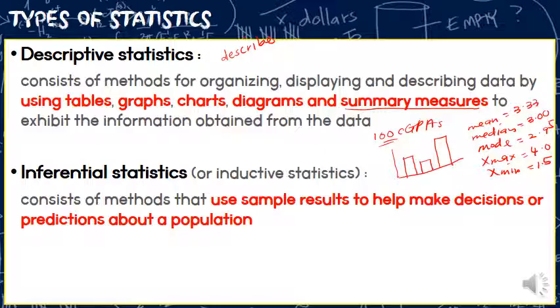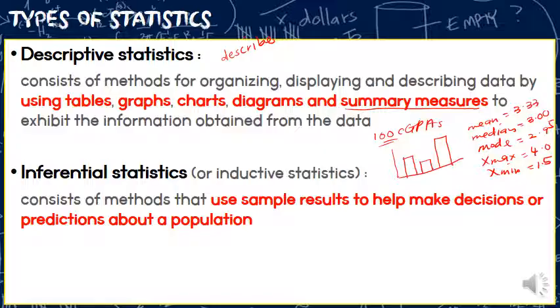Okay? So maksudnya di sini, daripada sample result, awak buat prediction about the whole population. So saya explain sikit lah sebab actually sample and population on the next slide, tapi tak apa.